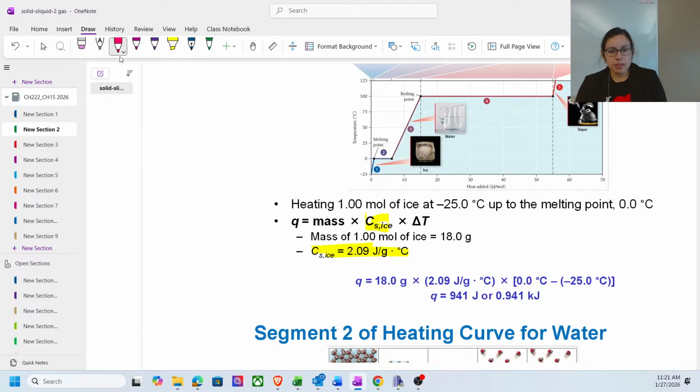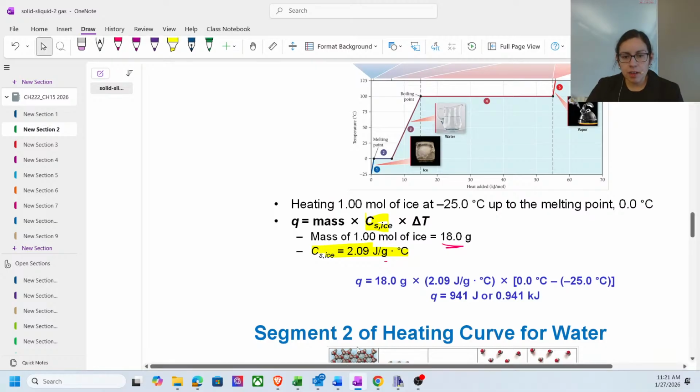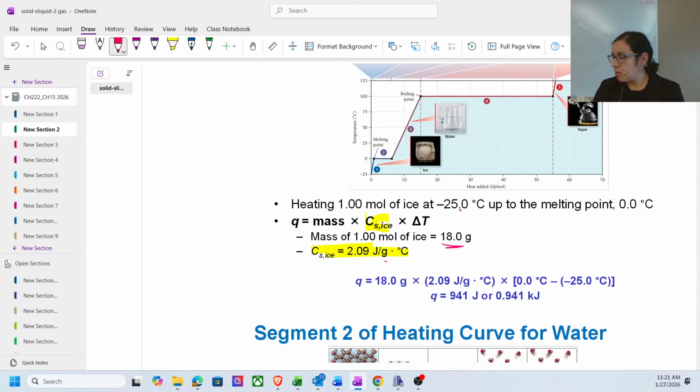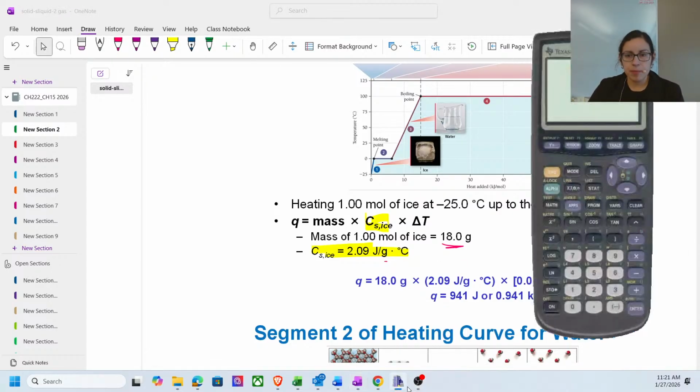And because our heat capacity is given in grams, we're going to want to convert moles to grams. So that's why we have that conversion here. So just laying it out, 18 times 2.09, and then times our change in temperature, so a difference of 25 degrees Celsius.